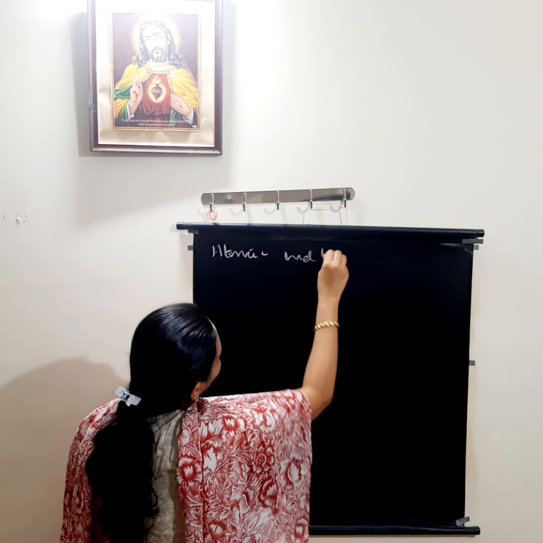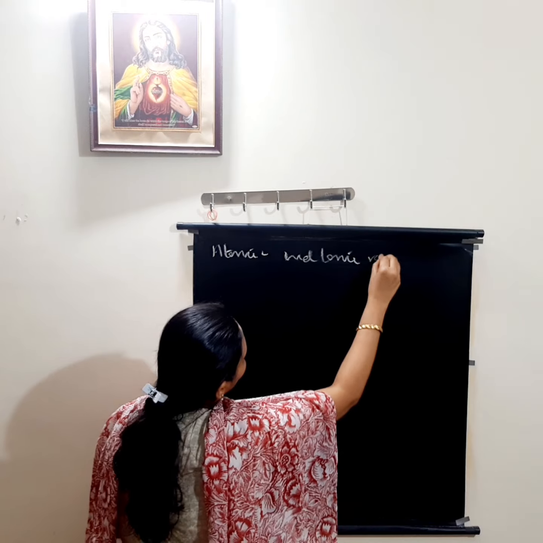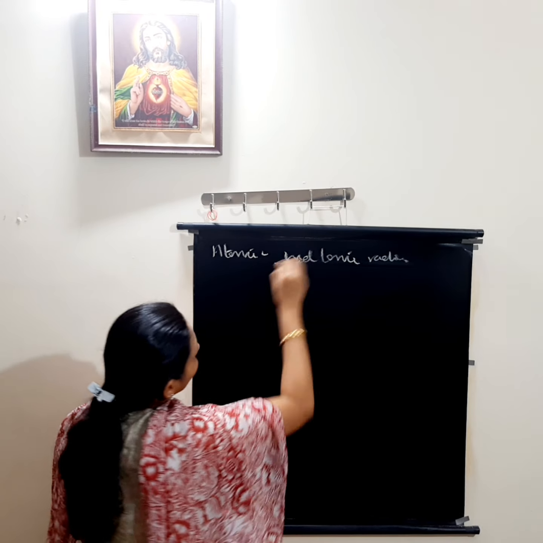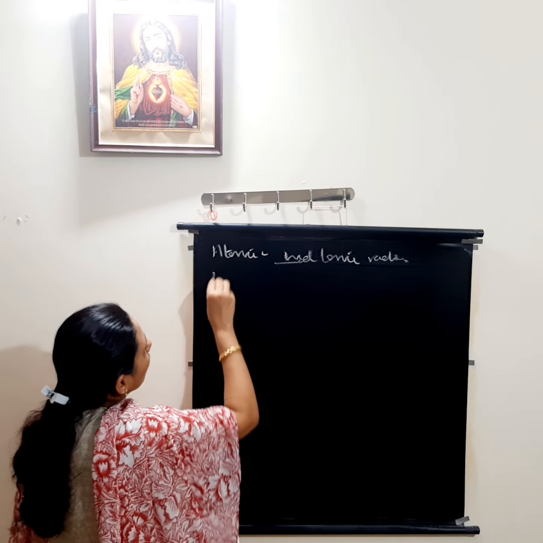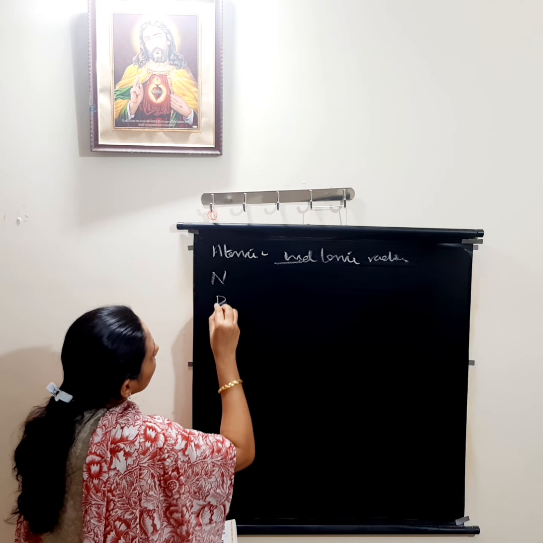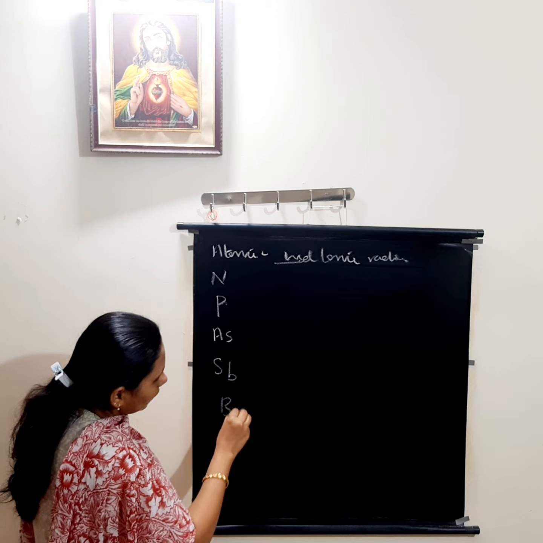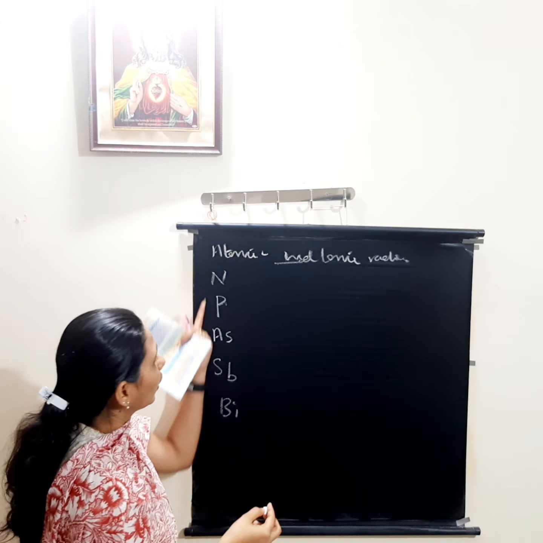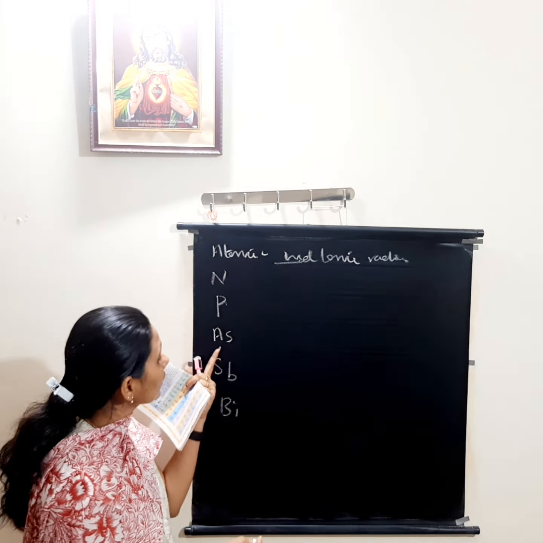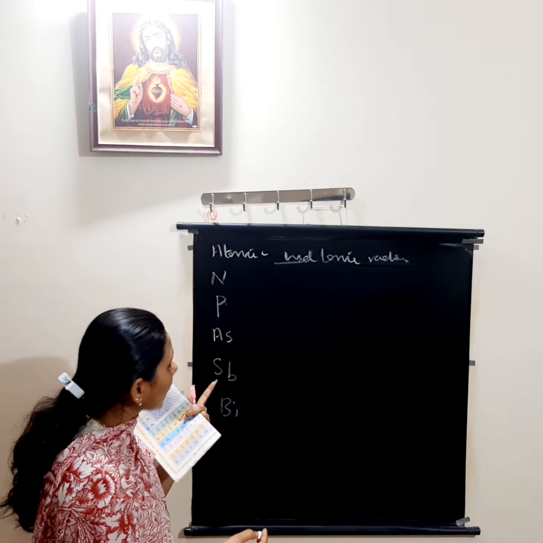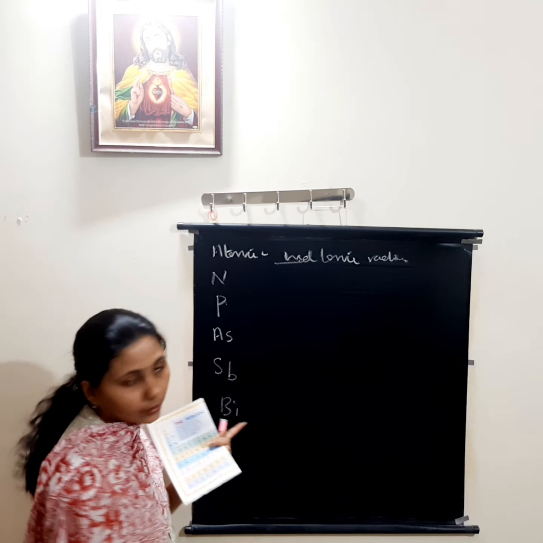Nitrogen, phosphorus, arsenic, antimony and bismuth. N means nitrogen, P phosphorus, As arsenic, Sb antimony and Bi bismuth.